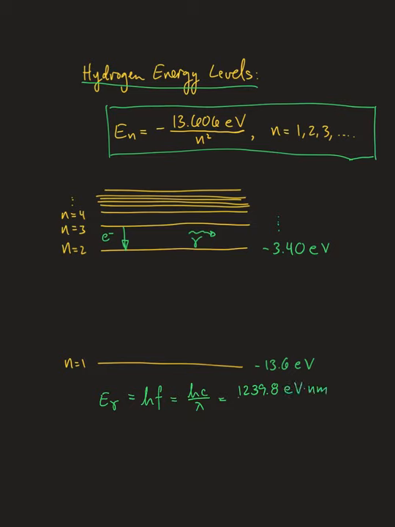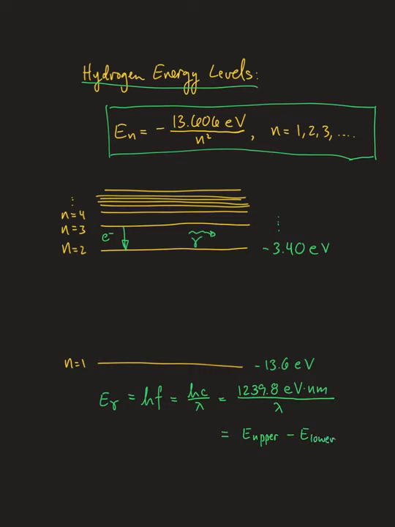That's a useful conversion constant there, divided by lambda. This value here, so the energy of the photon is related to this constant divided by the wavelength of the photon, is also equal to the energy of the upper energy level minus the energy of the lower one.